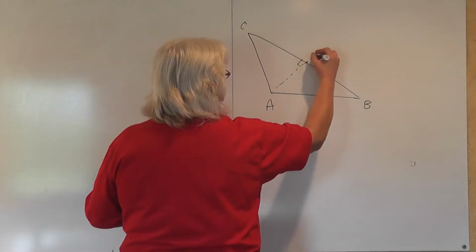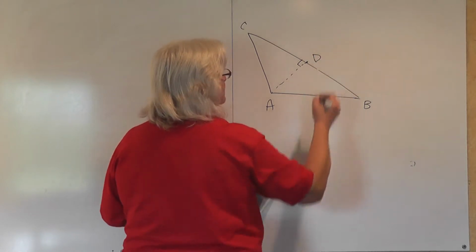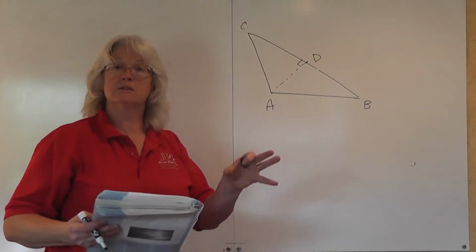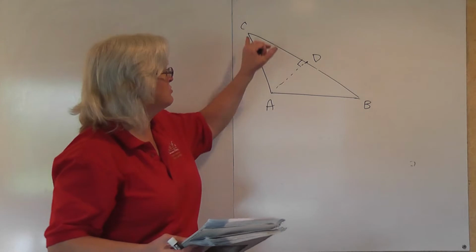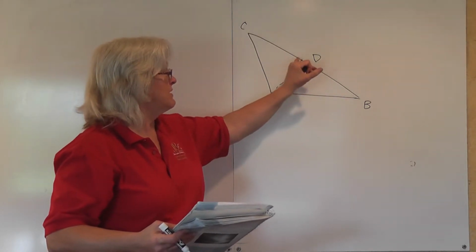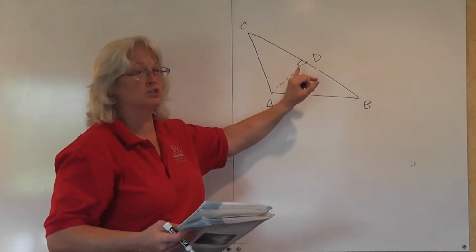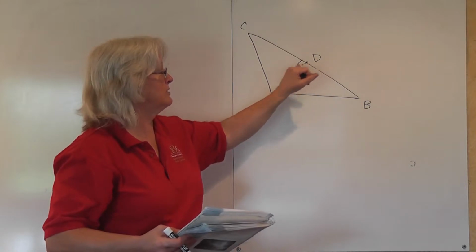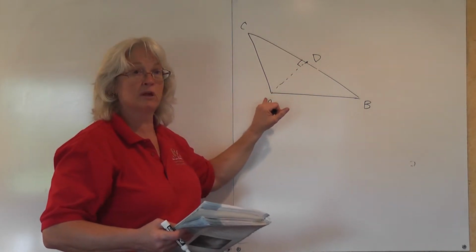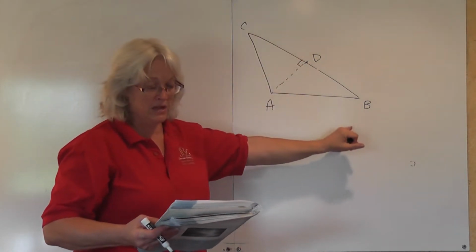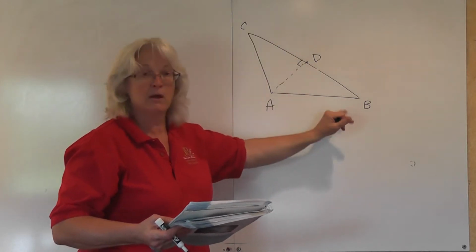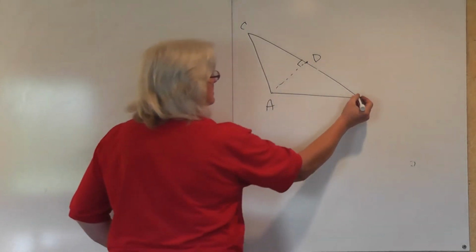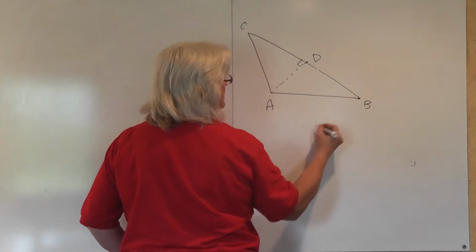And we have this point D here. Now what did we say is the base? The base of the triangle is where you have that little perpendicular indication. It's the distance from where it's perpendicular to the opposite vertex. So what is our base here? Our base is the line segment BC.